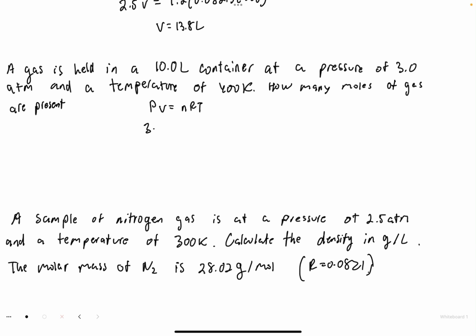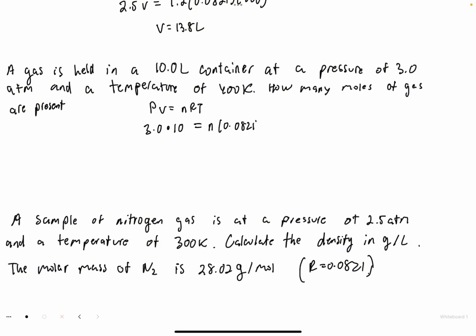So plug in these values: 3.0 times the volume, which is 10 liters, equals the number of moles, the R value 0.0821, times the temperature, which is 400.